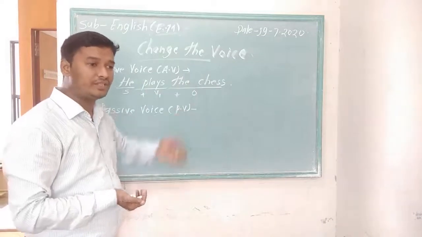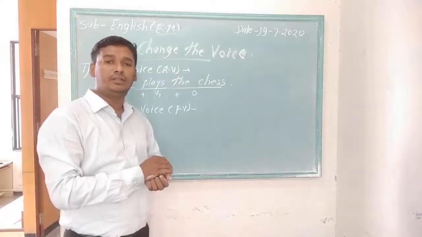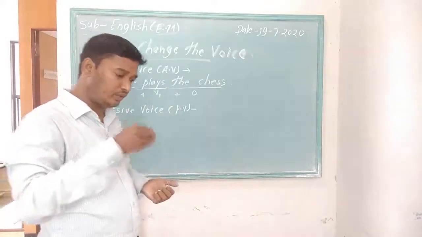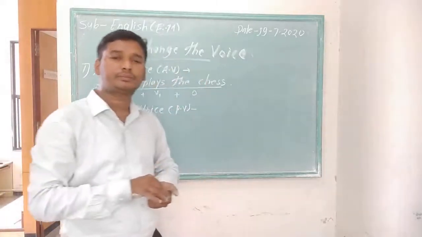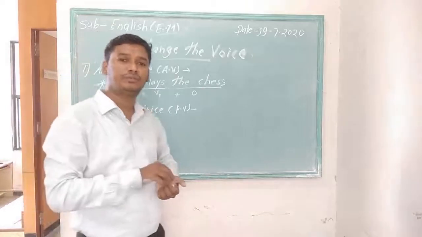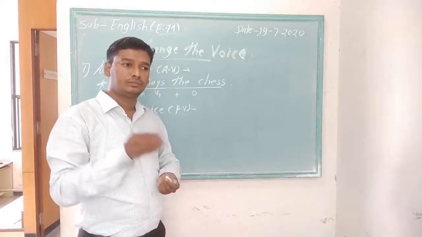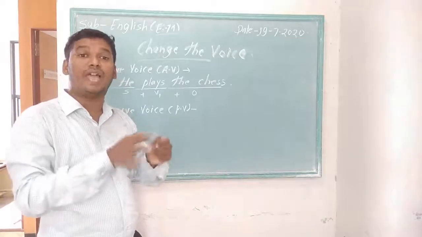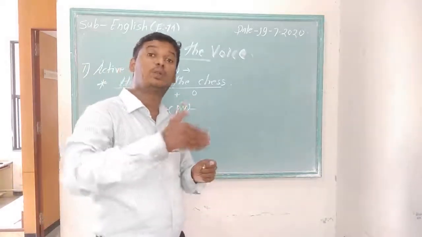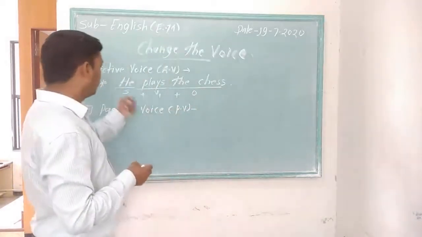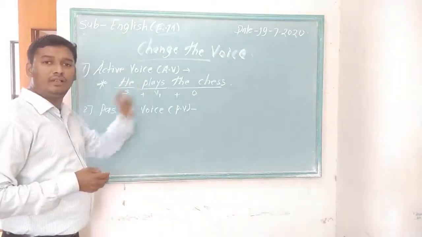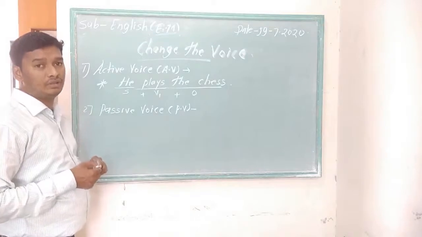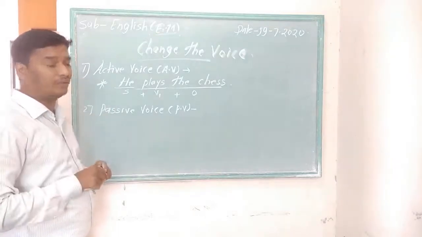When the action will be very important, at that time we use passive voice, when we have to focus on the action rather than the doer of the action. And the passive voice sentence is always started with the object of the active voice.